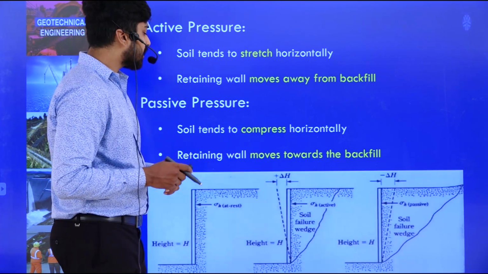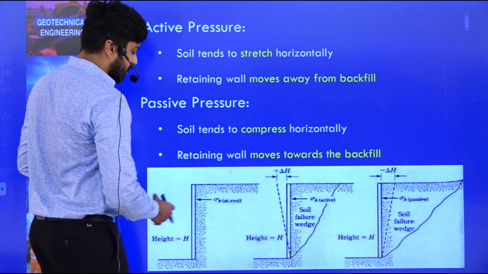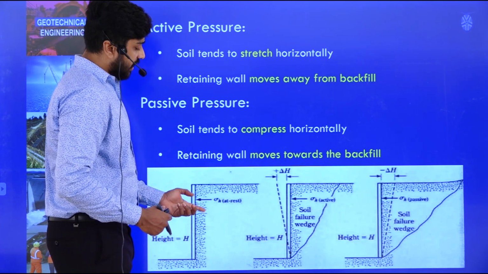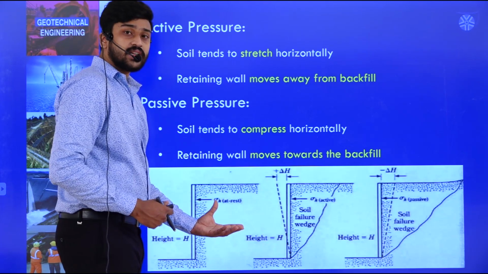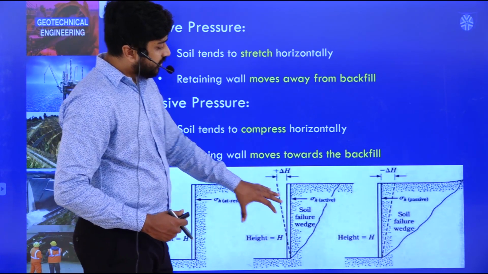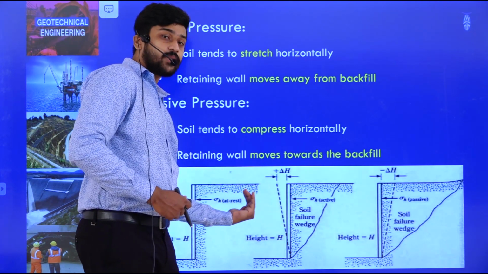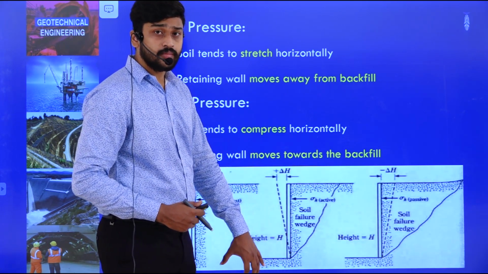If you look at this particular diagram, this is the at rest condition. Imagine this is a retaining wall of height H; since there is no movement, the soil and the retaining wall are at rest. In the active case, the retaining wall is moving away from the soil, so a wedge failure occurs.